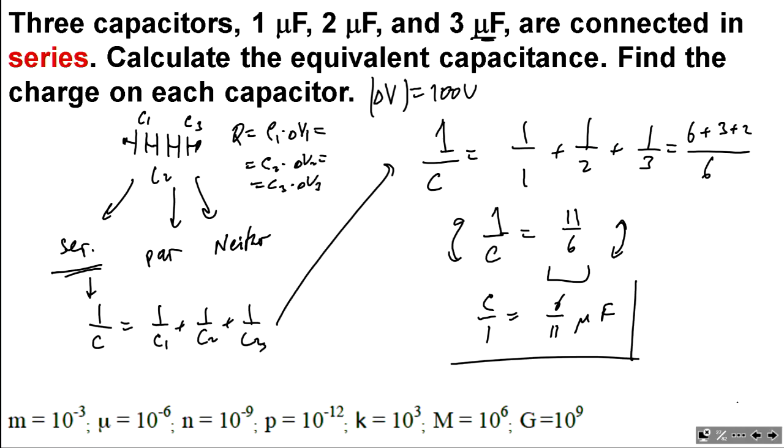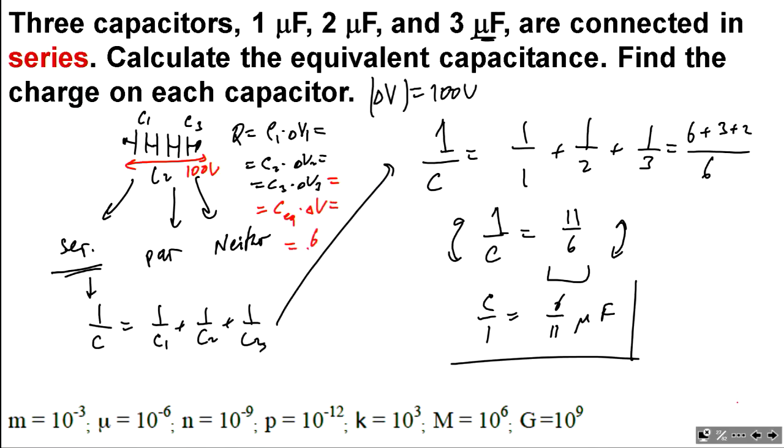But if the total voltage is 100, we don't know individual voltages, so we have to go for option number 4. It should be equal to C equivalent times delta V.